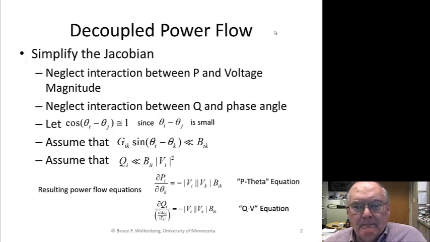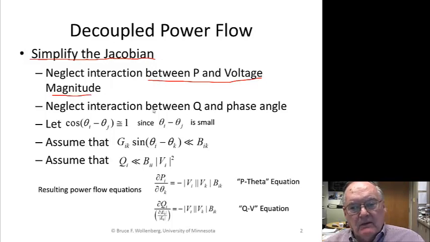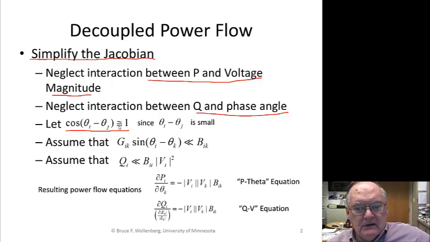So let's start. We're going to simplify the Jacobian, and we're going to do so as shown here. We're going to neglect the interaction of P and voltage magnitude, and we're going to neglect Q and phase angle. So we assume that the cosine of theta I minus J is approximately 1, because the phase angles are small.